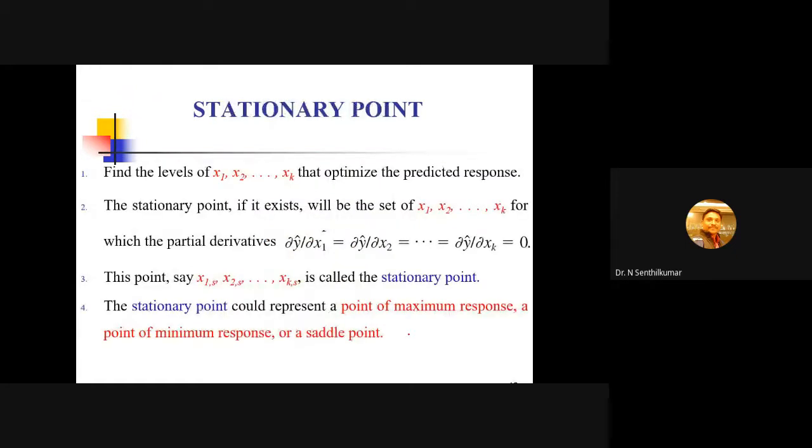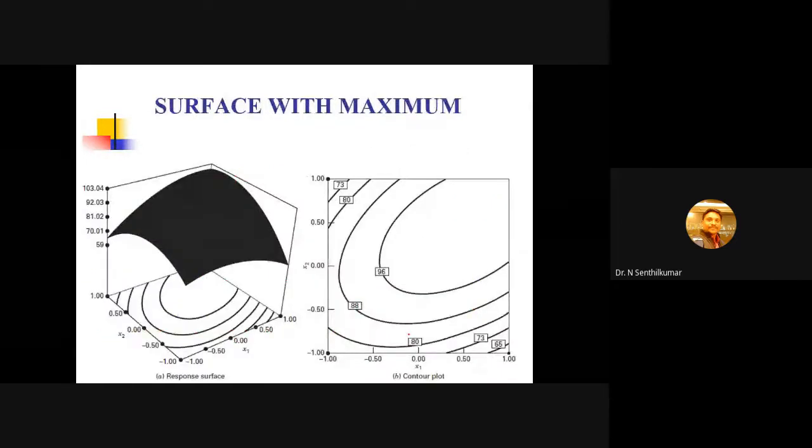Right? Then we have a saddle point also. So what is meant by saddle point? The point that represents a maximum response and also a minimum response. The same point will indicate a maximum and a minimum response, and that is called the saddle point. So this is the surface with a maximum. Here you can see the maximum value is here. This is the surface with the maximum value.